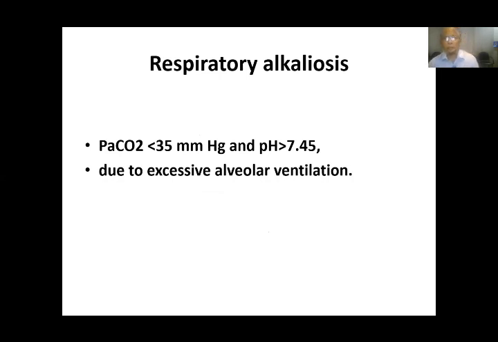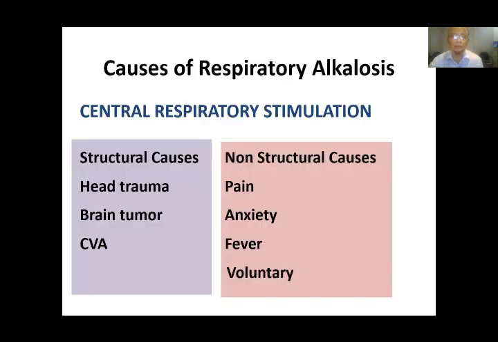Now coming to respiratory alkalosis. When the partial pressure of carbon dioxide is less than 35 millimeters of mercury and pH is more than 7.45, due to excessive alveolar ventilation, respiratory alkalosis will result.